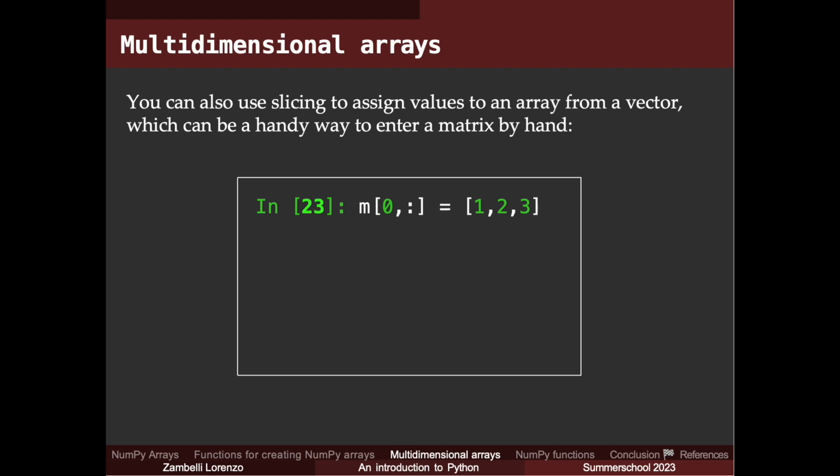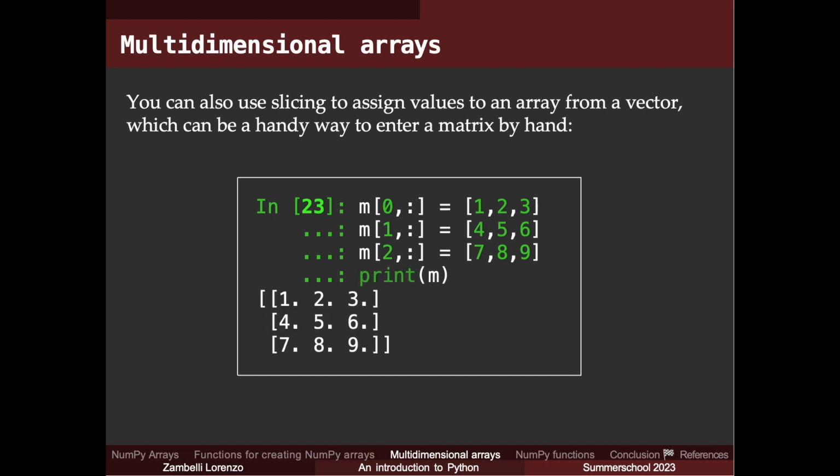In this case, we are using the matrix that we created before, completely zeros, and we say: consider the matrix, the index from 0, so the first line, and then all the columns, and we want to change them with 1, 2, 3. Then the second line and all the columns with 4, 5, 6, and the last line and all the columns with 7, 8, 9.